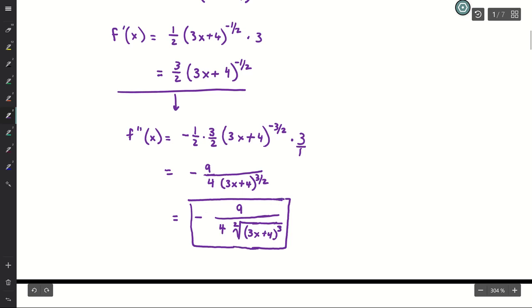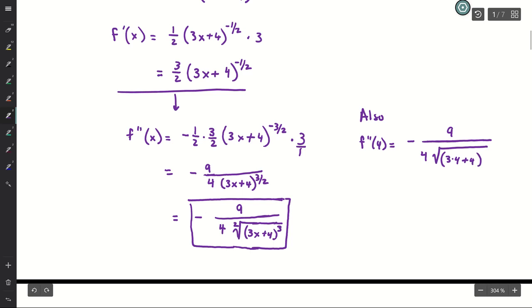Now if I go on and say I'd also like to find f double prime at 4, then I'm going to substitute 4 in anywhere there was an x in that derivative. So it'd be -9, and then all over 4, and then that's going to be a square root of 3 times 4, and then plus 4.